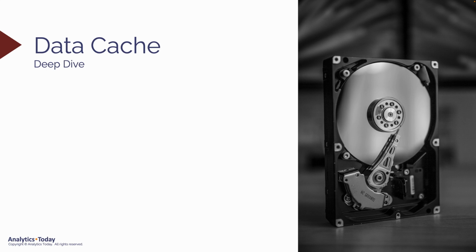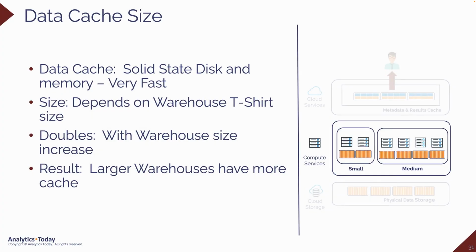So let's do a deep dive into the data cache and see how that really works under the hood. The storage inside a virtual warehouse is solid state disk and memory, which is very fast, thousands of times faster than physical storage. As I said, the size depends on the t-shirt size and it doubles. So the larger the warehouse, the more cache you have.